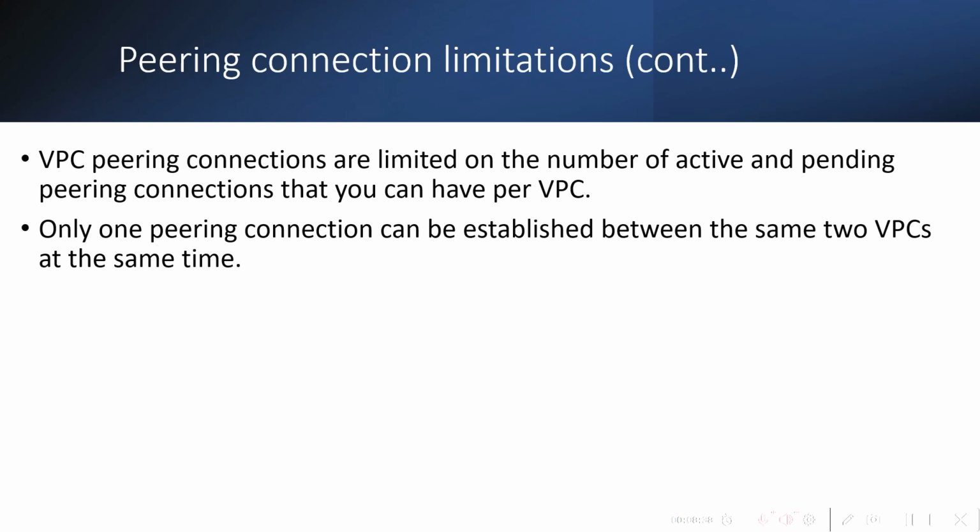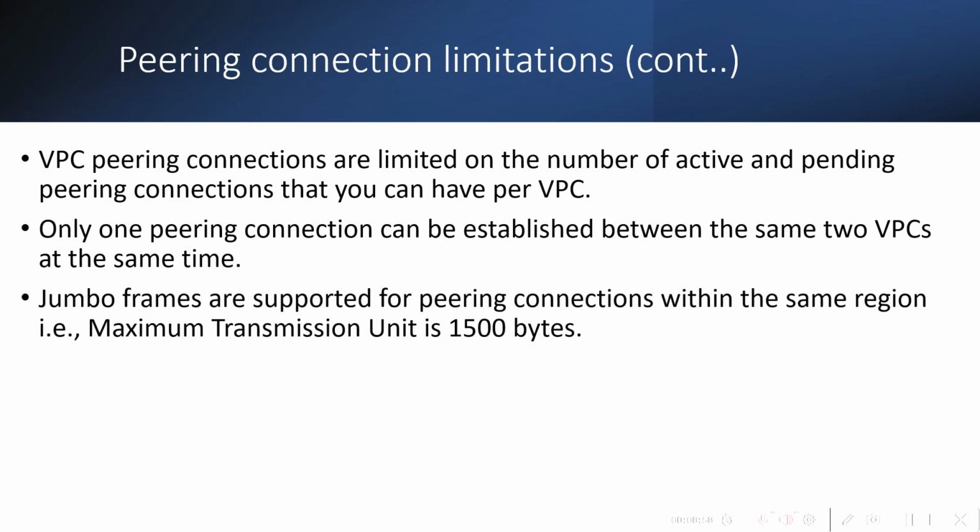If there is a peering connection between VPC A and B, you cannot create another one between A and B. Of course, you can create peering connections between VPC A and C or B and C, but you cannot create multiple peering connections between two VPCs.